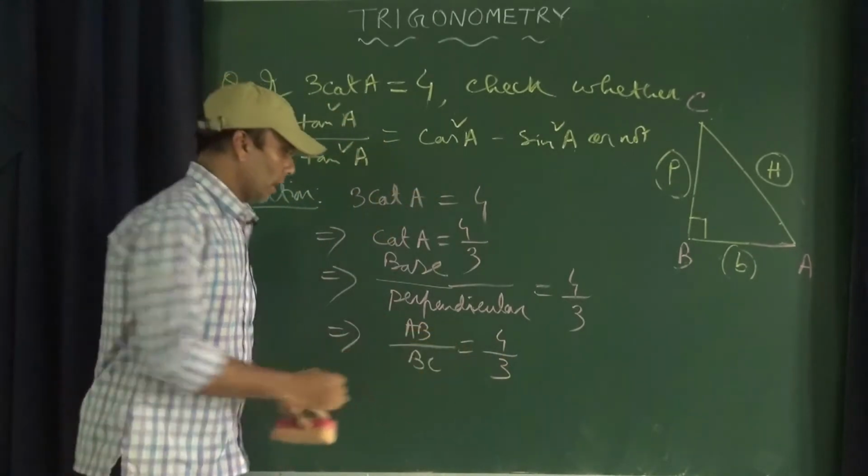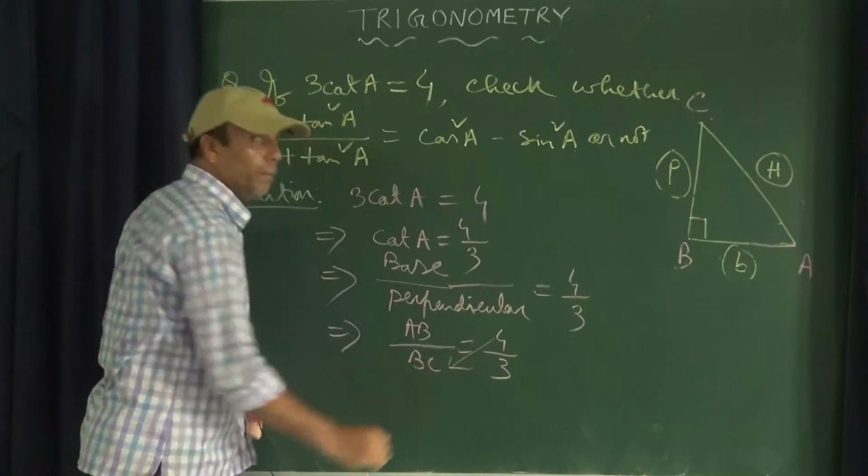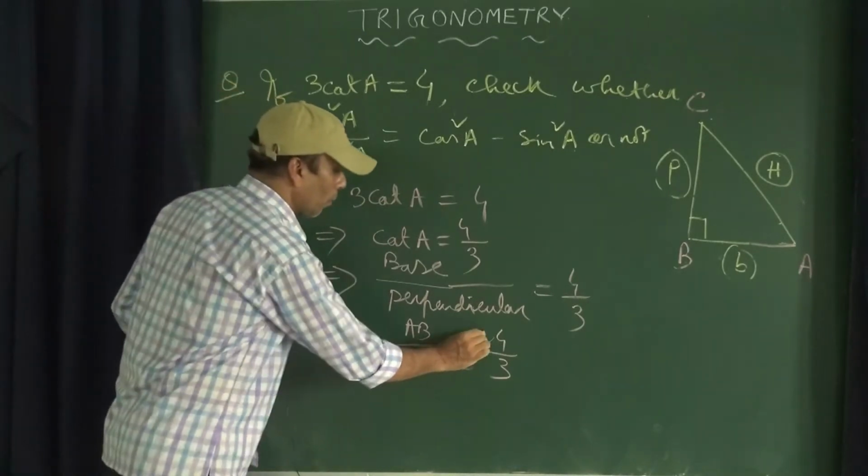Now, like earlier, here 4 will come in place of BC and BC will go in place of 4.